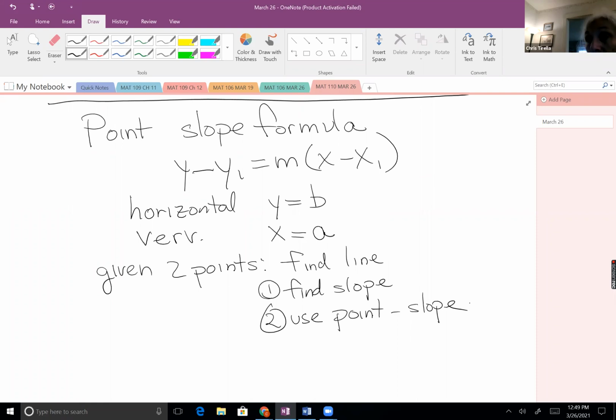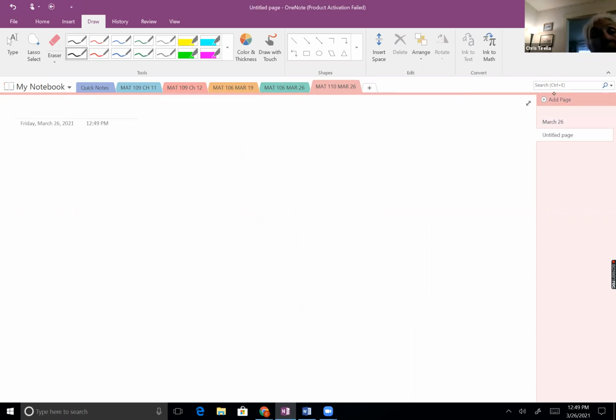If not, today we're going to add a little bit more to our knowledge of lines. And the first thing that we're going to do is we're going to integrate what we had talked about earlier with respect to intercepts. And we had said that the intercepts are where a graph crosses the axes.